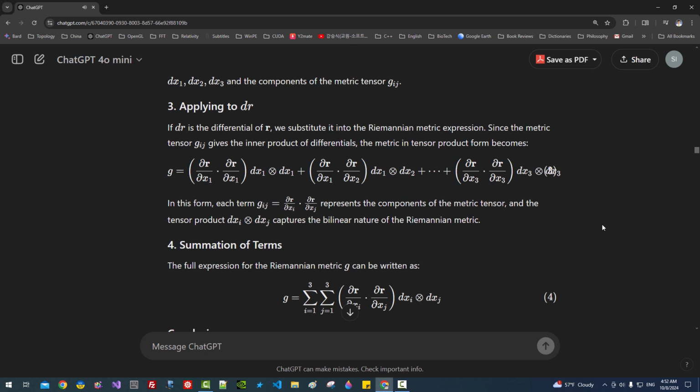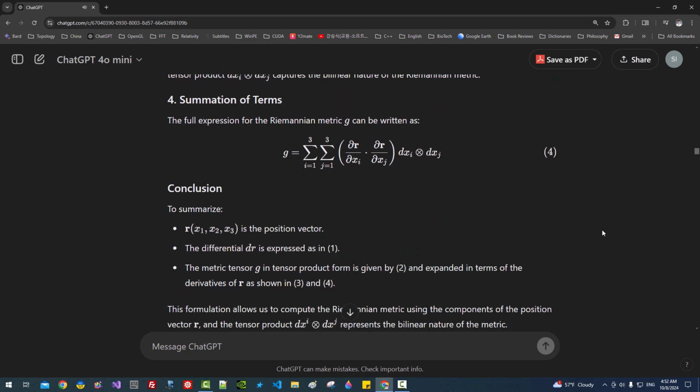In this form, each term gij equals partial R over partial xi dot partial R over partial xj represents the components of the metric tensor, and the tensor product dxi ⊗ dxj captures the bilinear nature of the Riemannian metric.